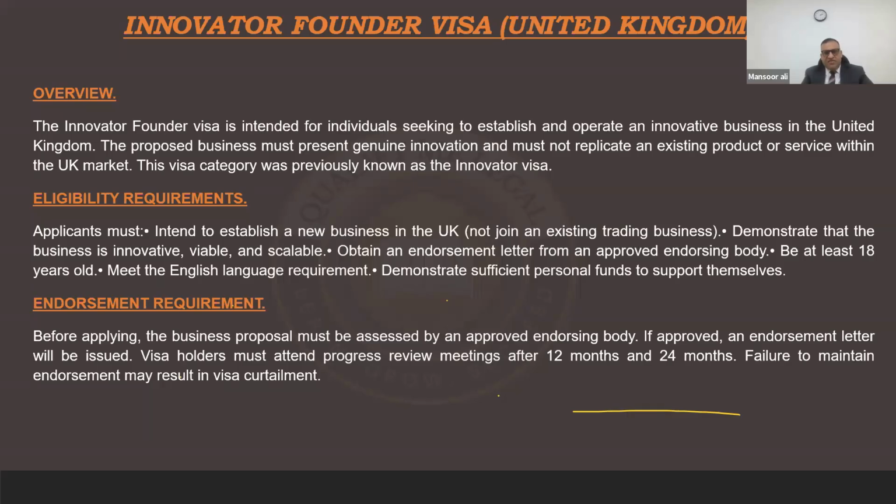So you must have sufficient funds to support this idea. This visa is for 3 years, and after 3 years, you can straight away apply for indefinite leave to remain.